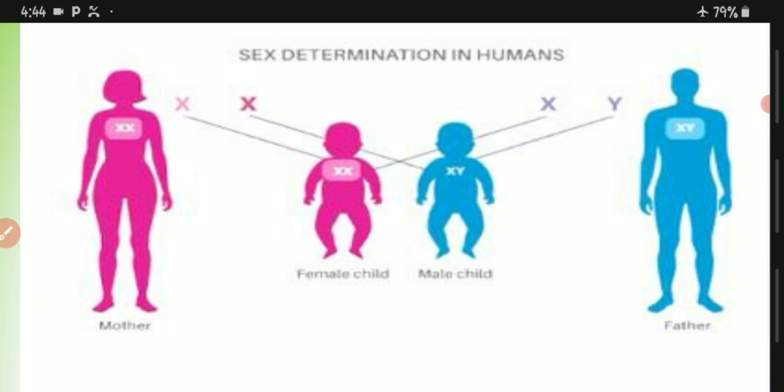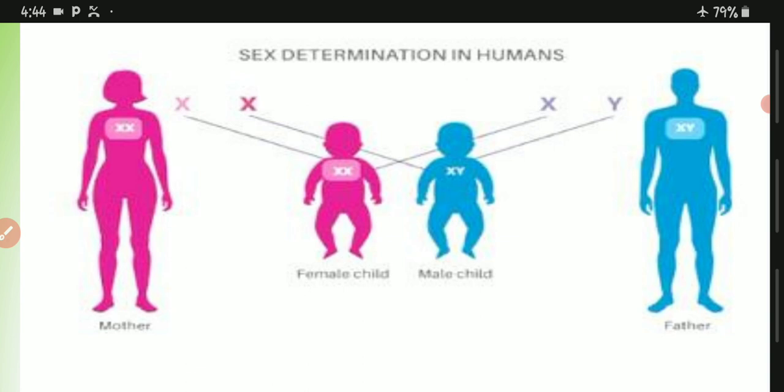So allow me to begin with the environmental sex determination, or let's look at the environment as the factor. Now the environmental factors, here we have temperature, we have what we call the photoperiod, we have nutrients, and many others.